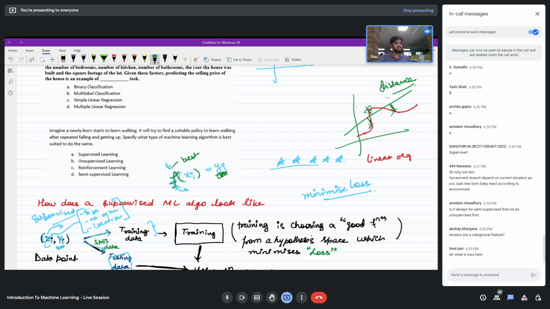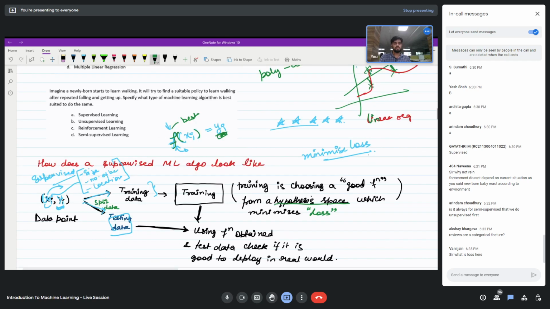Why do we do so? We will come to that towards the end today, right? So we will just try and fit some specific type of curves. We can allow, let's say, a polynomial of at most degree 2. The kind of functions that we are allowing is called the hypothesis space.